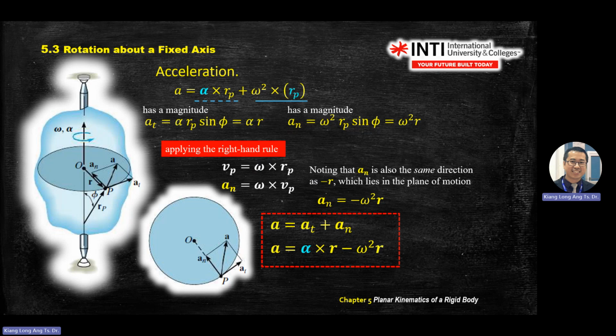Some of you might question why negative here. Because in rigid body, you know that an is pointing inside the circle, but you are looking at one dimension called r, and your r is positive going up.